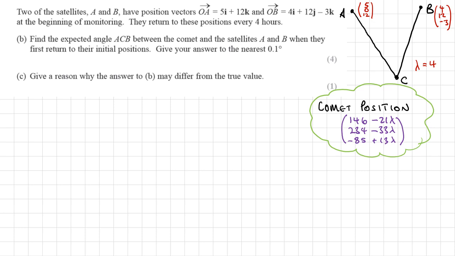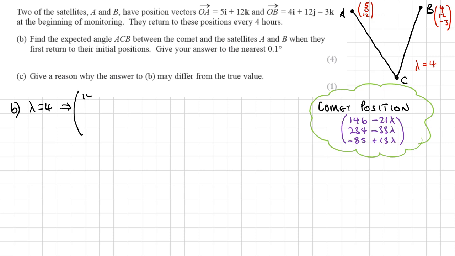So that's the first thing we need to do, is to work out what that position is. So we'll take our comet position here and just substitute lambda equals 4, because that's going to be the first time that they return to their monitoring position.